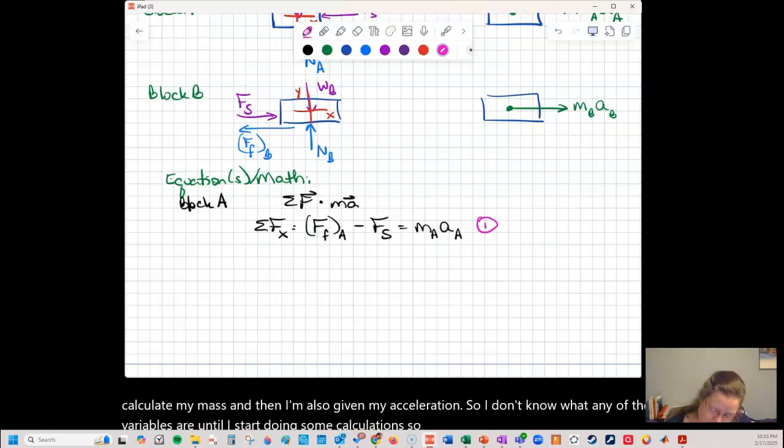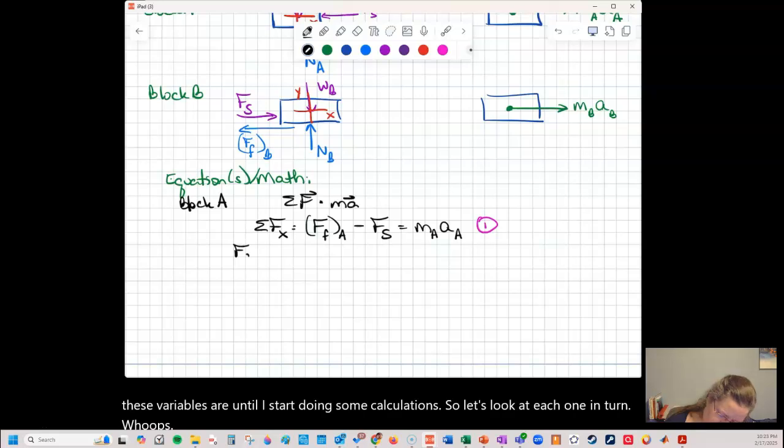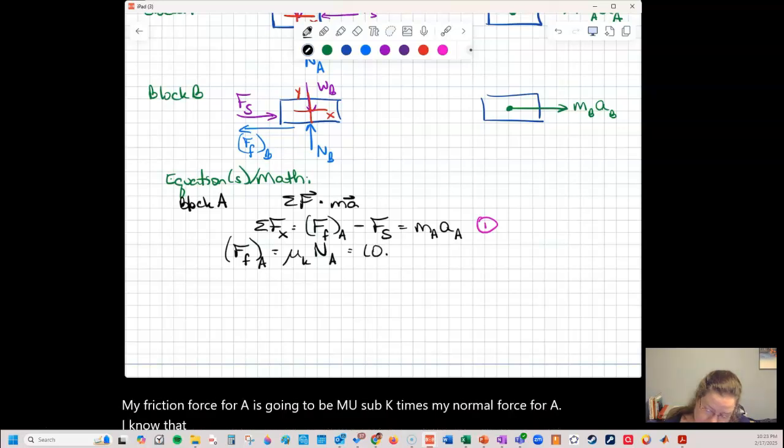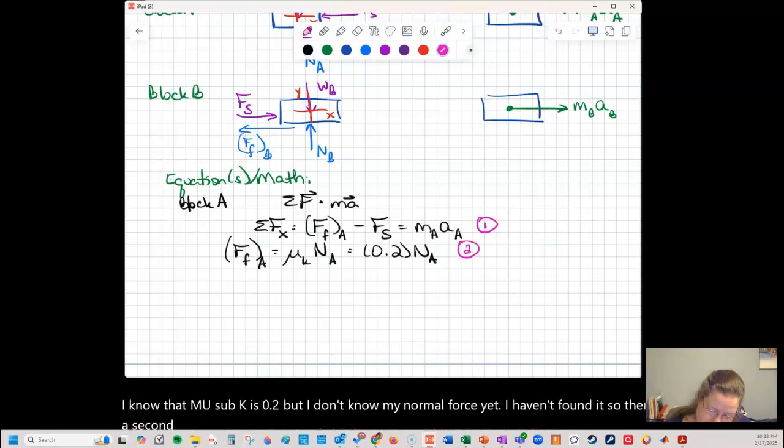So let's look at each one in turn. My friction force for A is going to be mu sub K times my normal force for A. I know that mu sub K is 0.2, but I don't know my normal force yet. I haven't found it. So there's a second equation I can't solve.